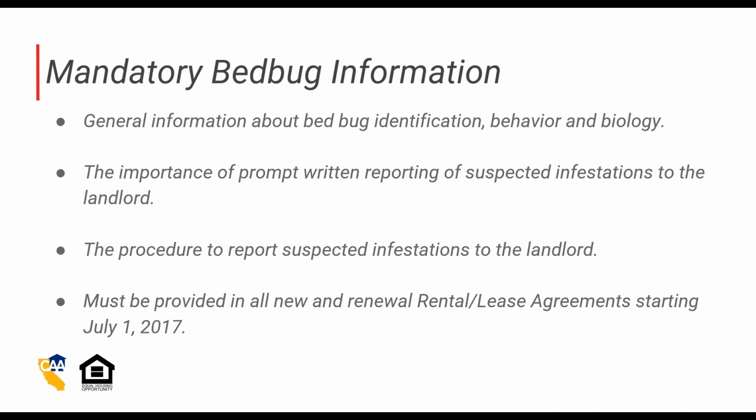That's, of course, in the past now. So there are 2 pieces of information that have to be provided to all tenants. The first is basic information about bed bug biology and identification. The second piece of information is the contact information for the specific person at your property that the tenant should contact if they suspect an infestation.